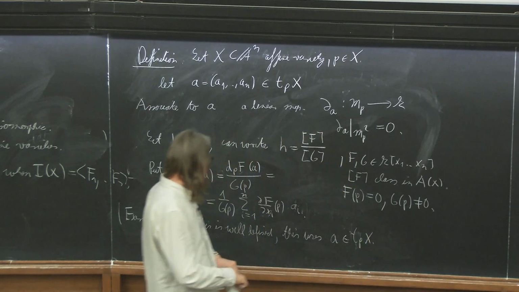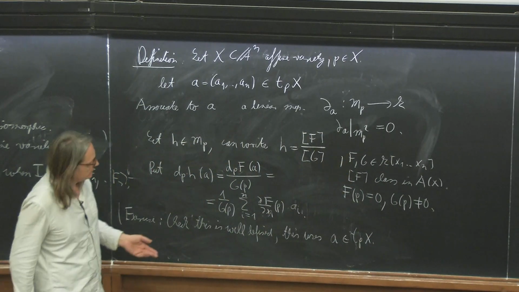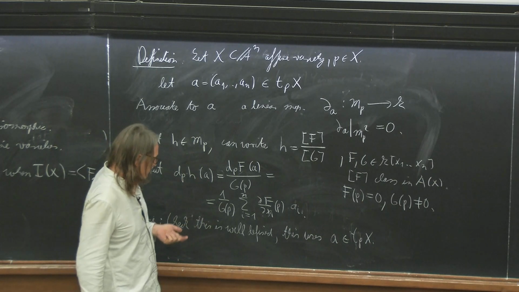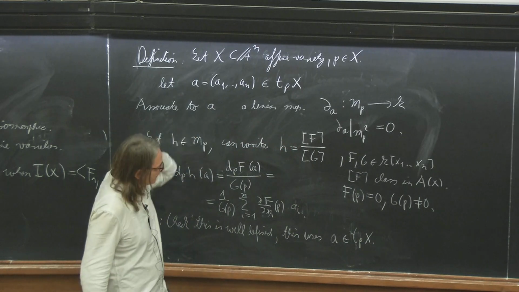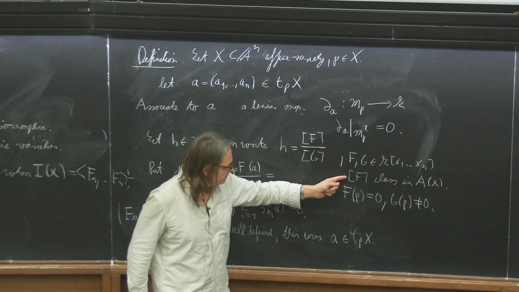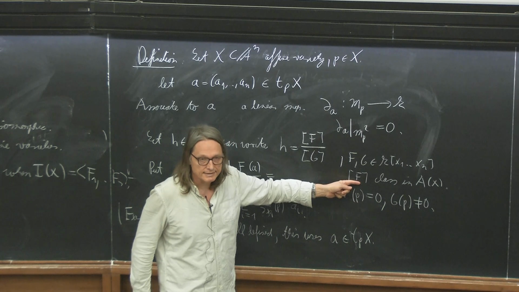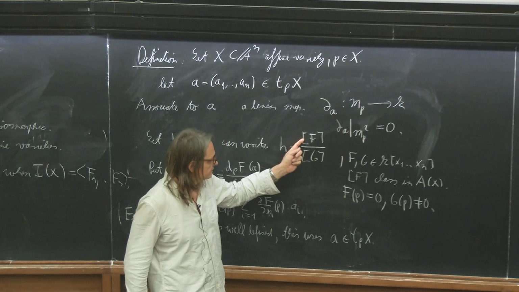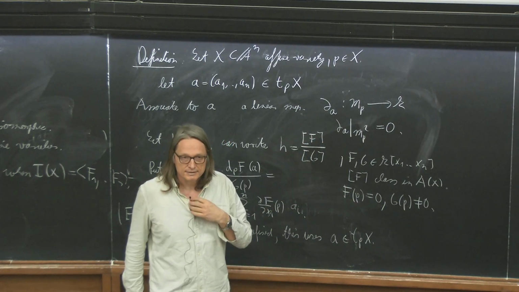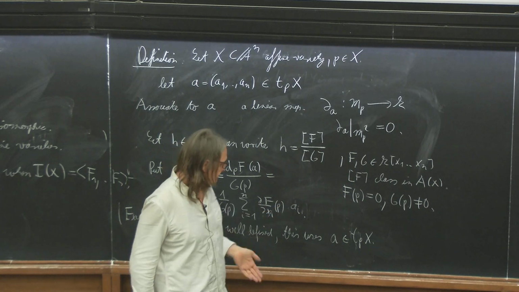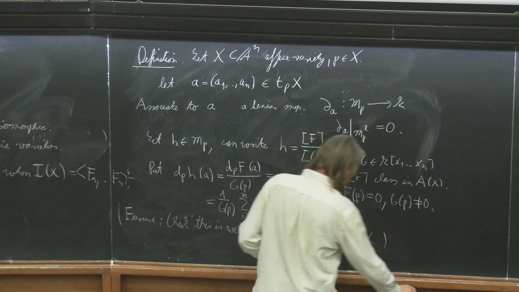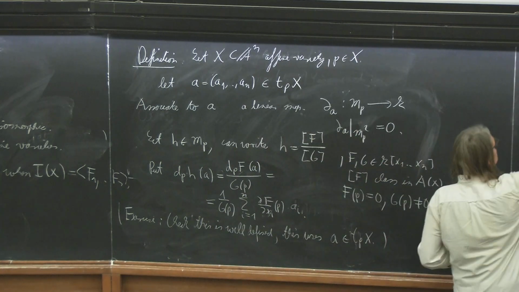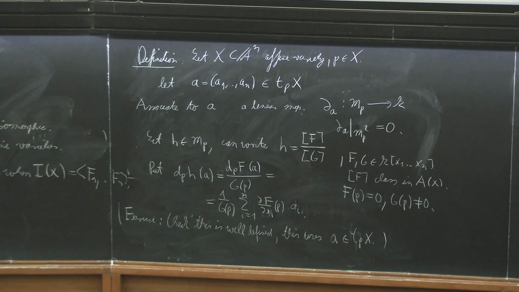One uses that it's in the zero set of the differentials of all elements in the ideal, and this makes it well defined on the class in AX, because an element here is defined up to adding an element in the ideal of X, and the differential of that is 0. That's one thing. This is just a computation, not particularly difficult, but one has to see that one uses this.